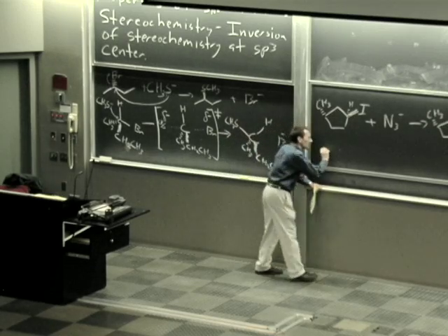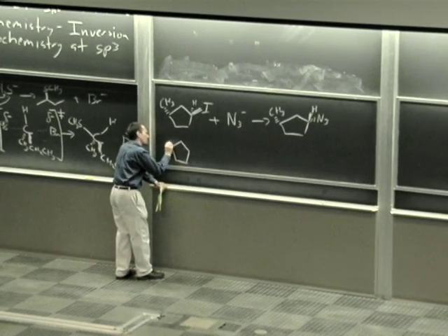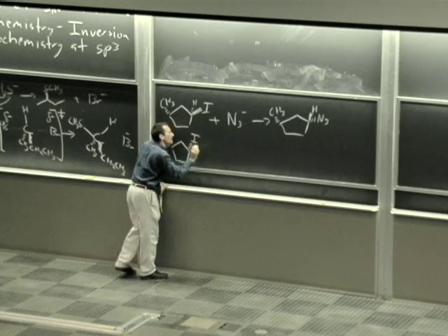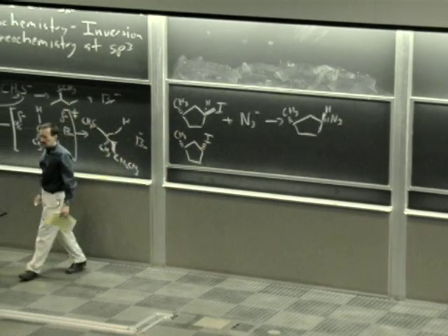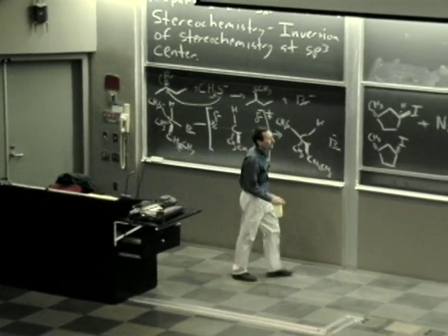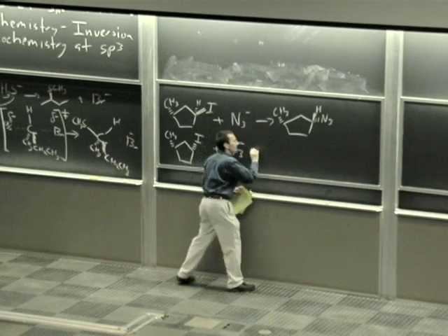So conversely, if I start with the cis stereoisomer, in which now I have the iodo group and the methyl group on the same side of the ring, and I treat this with azide, now we're going to go to the trans stereochemistry.